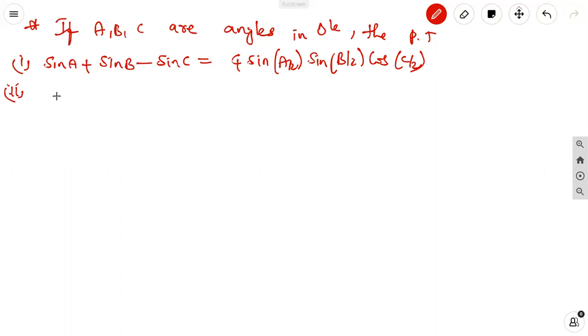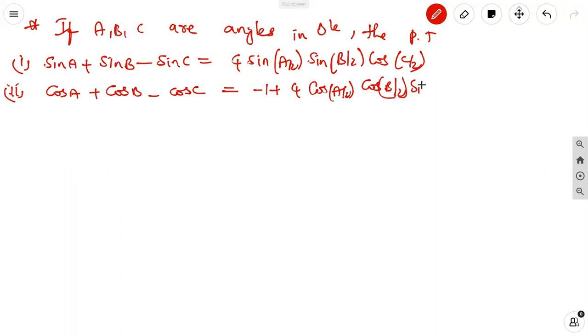Second, cos A plus cos B minus cos C equals minus 1 plus 4 cos of A by 2 cos of B by 2 sin of C by 2.